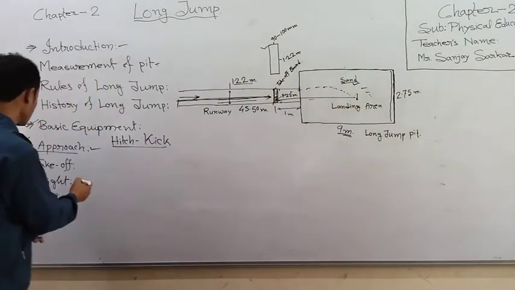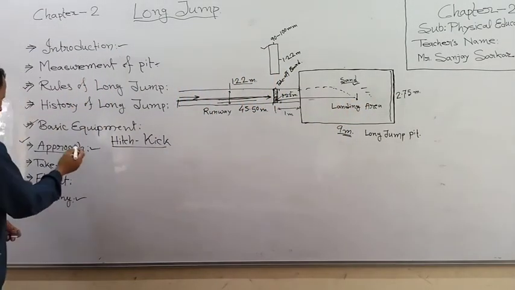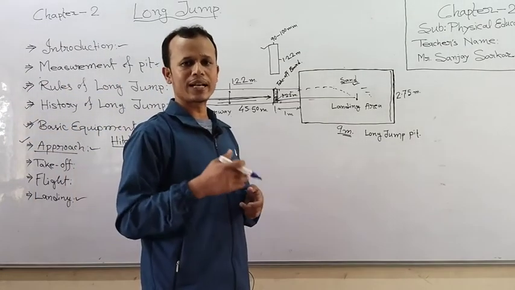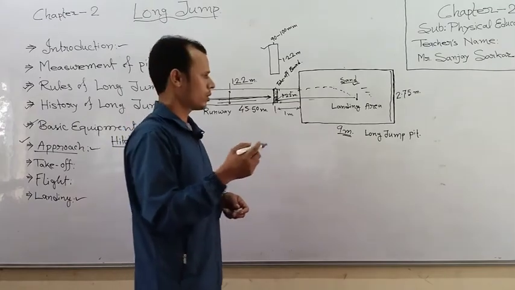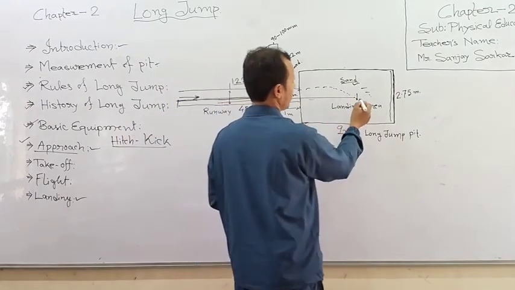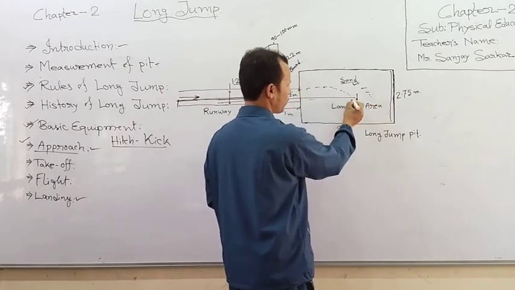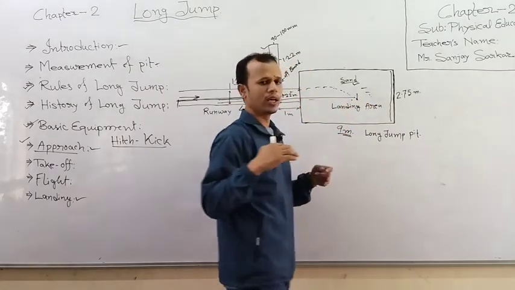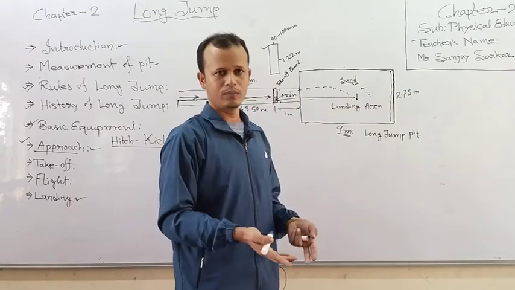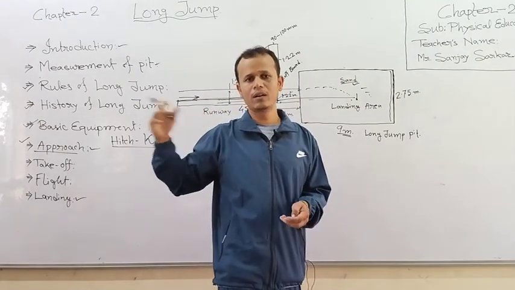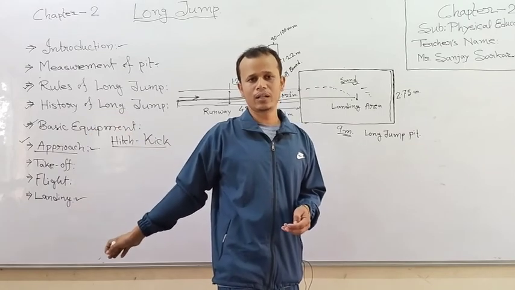This is the landing area. In the landing area, you have to try to cover the maximum distance. We have to try not to touch the backward point when we are landing in the long jump pit and then taking our hand back.